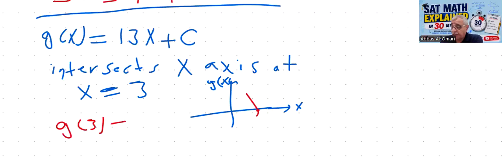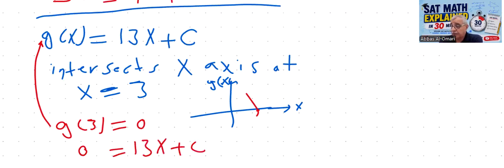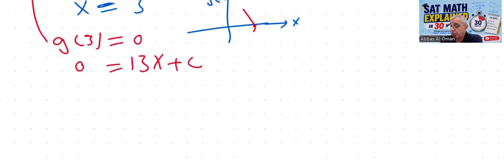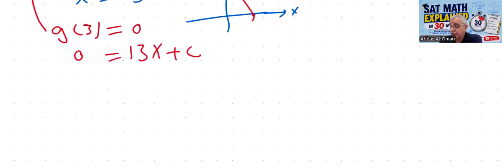So we substitute 3 into this function, and we can get the value of c. So we have 0, which is g of 3, equals 13x plus c. So x is 3, so 13 by 3 plus c.